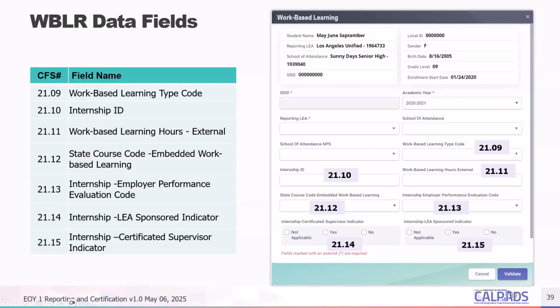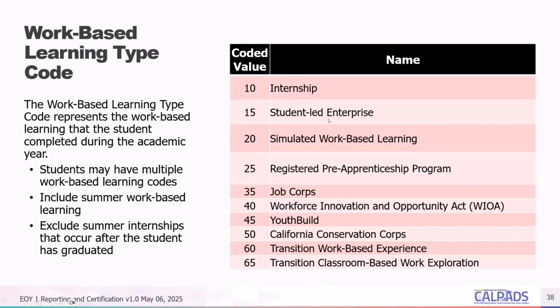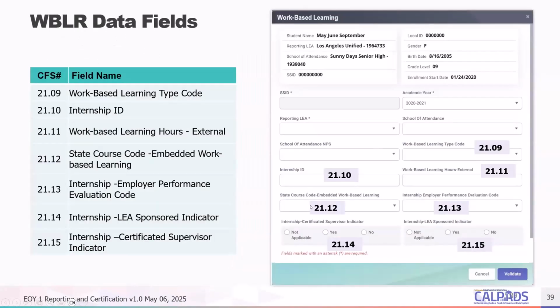Let's go through some of these fields. So there are 3 types of work-based learning that require the state course code, field 2112. We've already mentioned internship, but also student-led enterprise and simulated work-based learning require a state course code to identify.